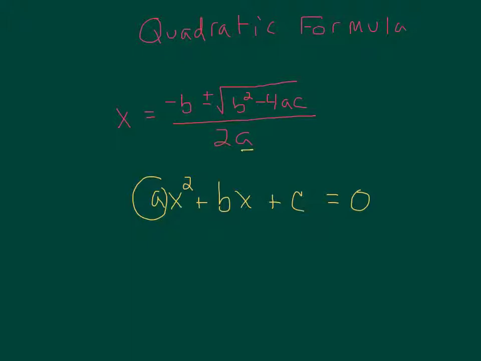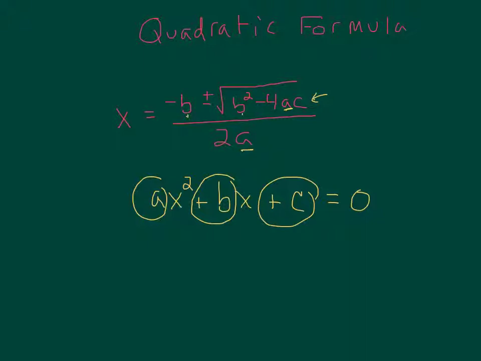You take the b and any sign that goes with it, and you plug it in for any b. And don't forget, it's negative b. So if b was negative 2, it would be negative negative 2. Then you have b squared, so if it was negative 2, it would be negative 2, all of that squared. And finally, you take c and its sign and put it in for c there.